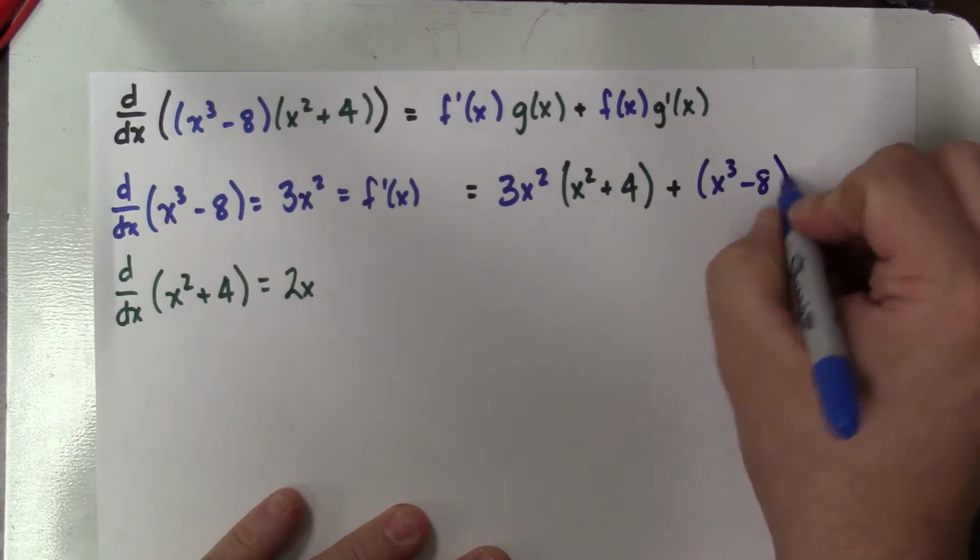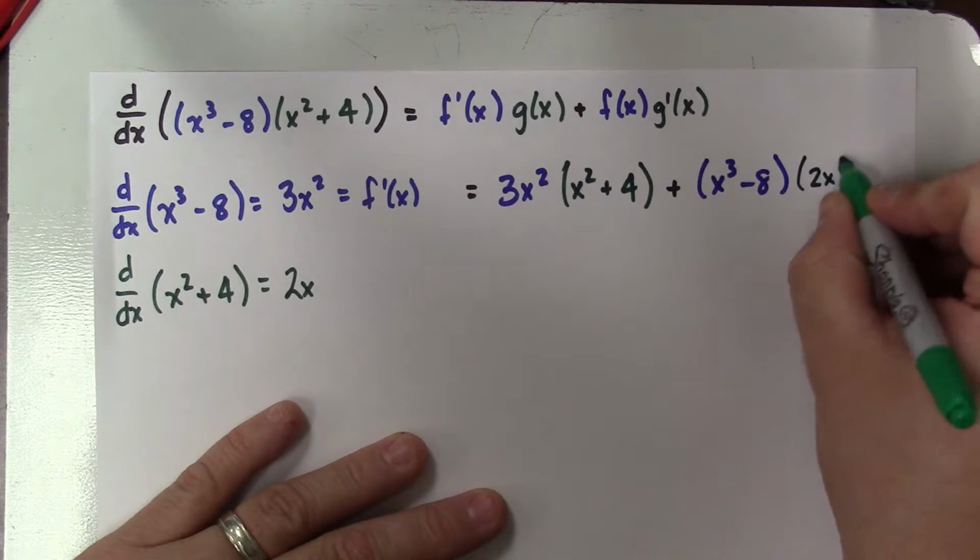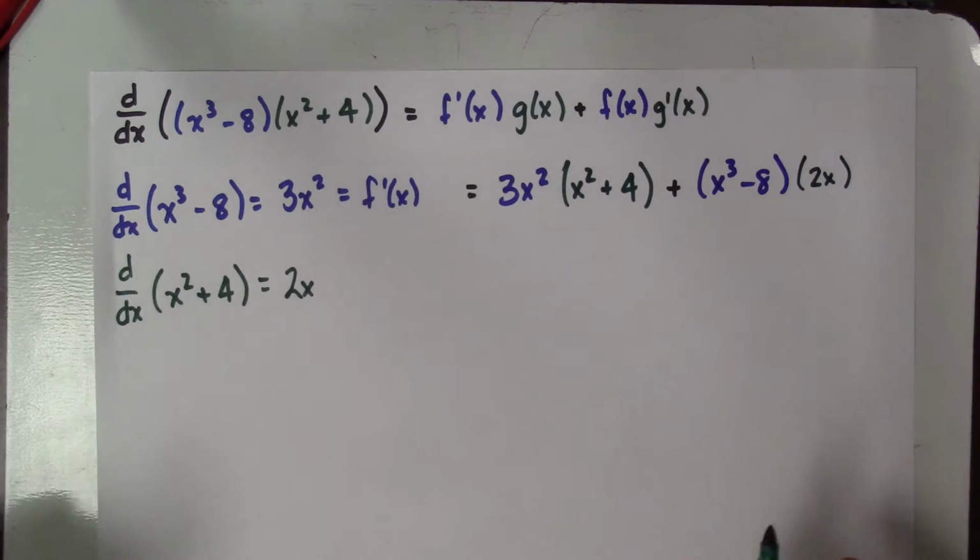x cubed minus 8 times 2x. And I'm going to distribute and try to simplify this down as far as I can.